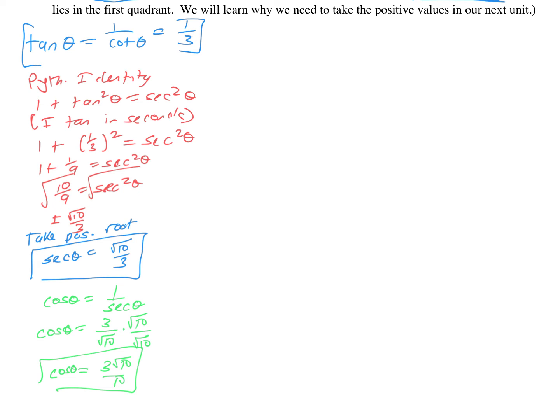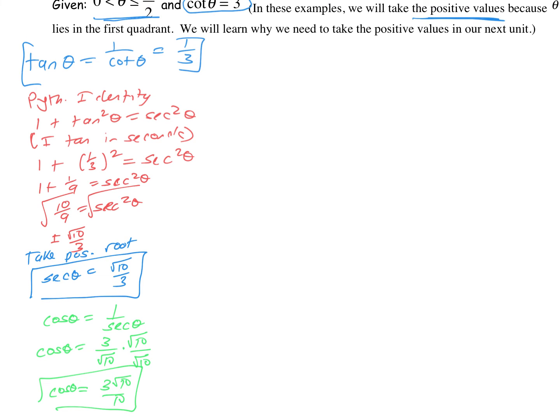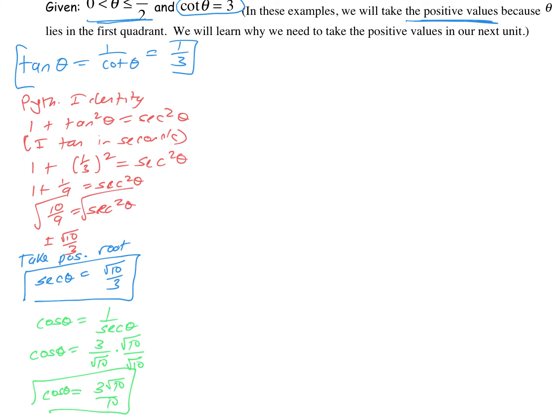Okay, next, once we know cosine theta, we can move on to sine theta using another Pythagorean identity. So the Pythagorean identity that relates sine theta and cosine theta is sine squared theta plus cosine squared theta is equal to 1.